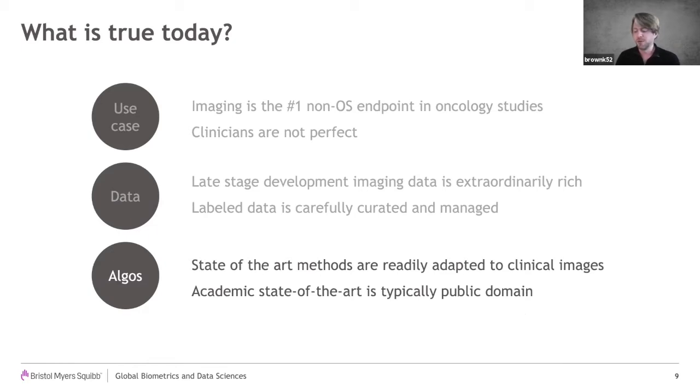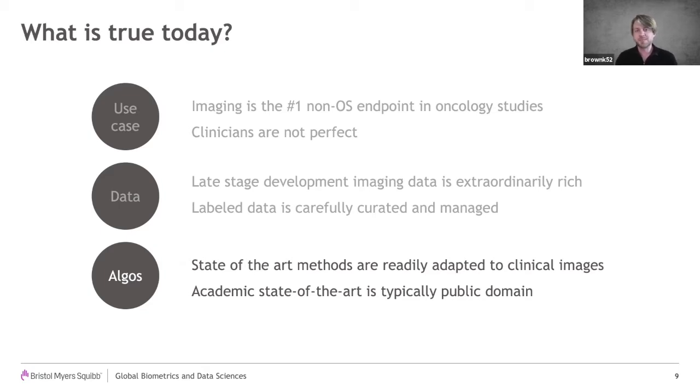You can pull the latest algorithms, say, from Microsoft Research, a shifting window transformer, for instance, for object detection and segmentation, or perhaps image classification. You can apply these to your images in almost a one-to-one correspondence. Sometimes you need to shift for a 3D nature of medical images. Sometimes you don't. And we know that these algorithms are typically public domain.